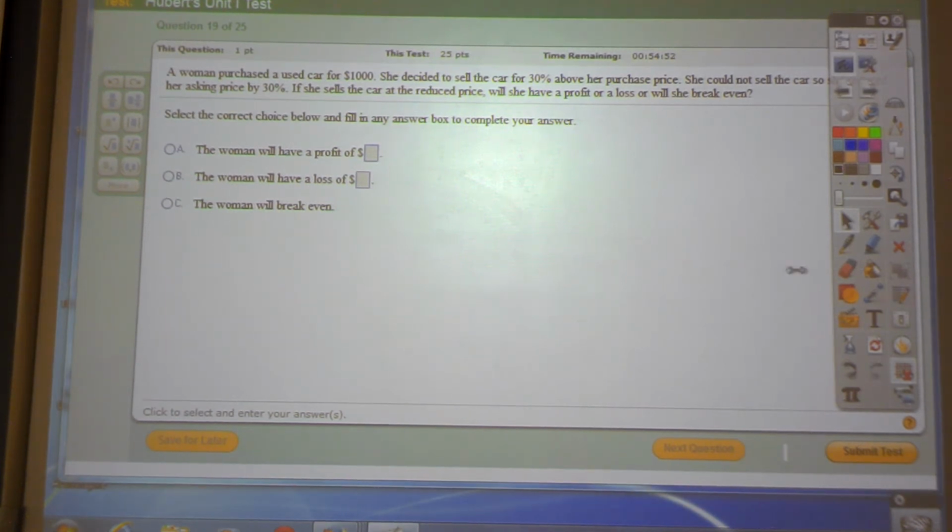Okay, here's our car salesman again. A woman purchased a car for $1,000. She decided to sell the car for 30% of original price. She could not sell the car, so she took 30% off.